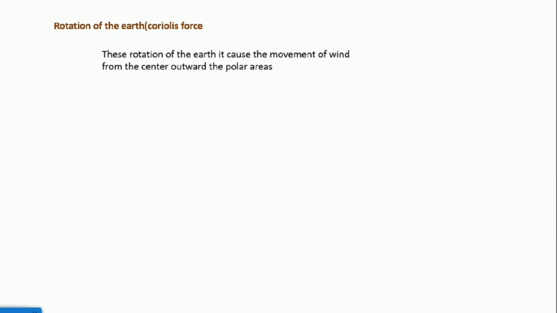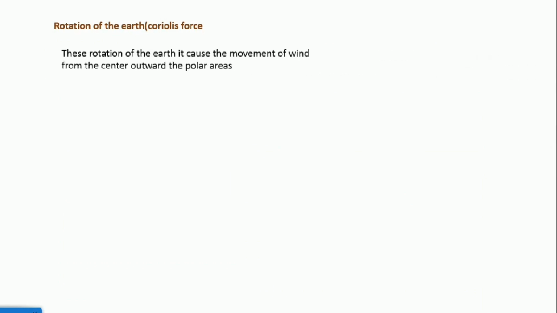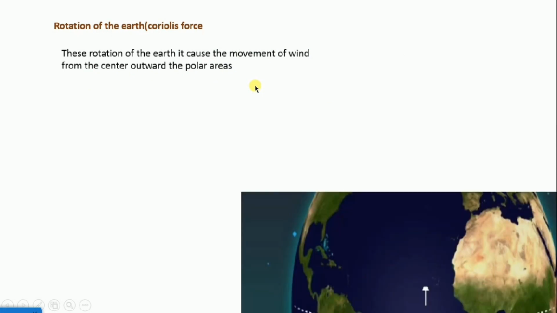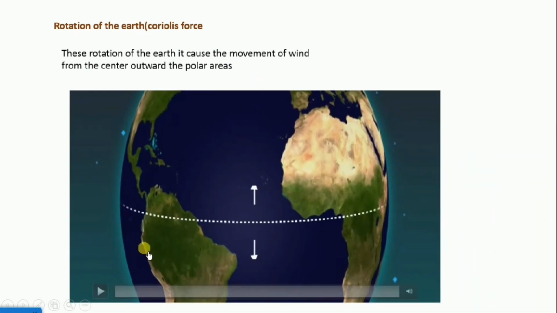The rotation of the earth causes the movement of wind from the center outward to the pole areas. It doesn't move in a straight line.